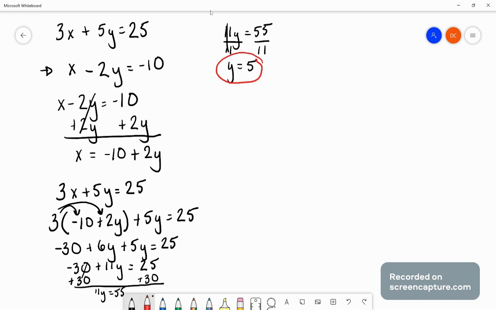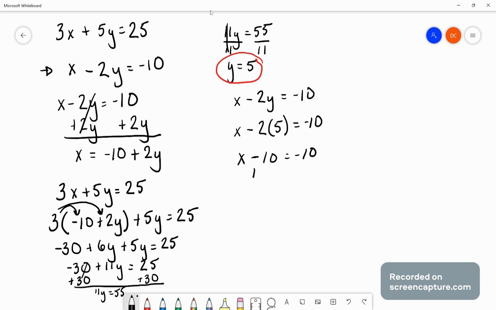So again, we're going to take that y and put it into this equation. x minus 2y equals -10, right? So we have x minus 2 times 5 equals -10. 2 times 5 is 10. So x minus 10 equals -10.